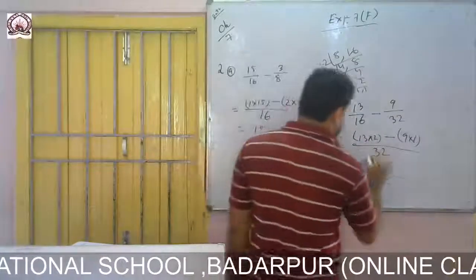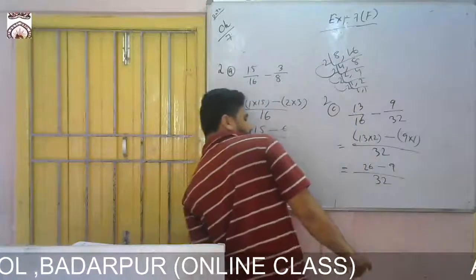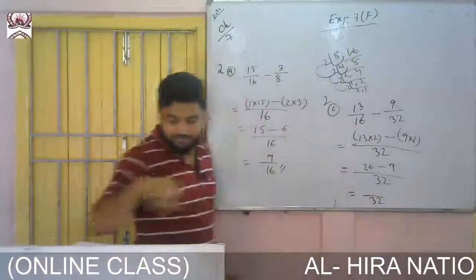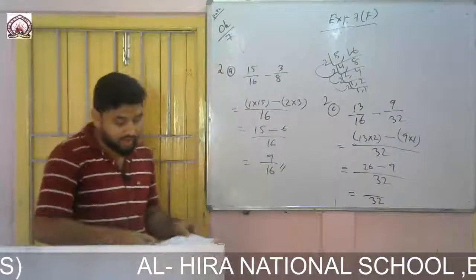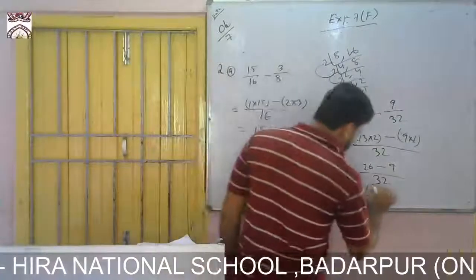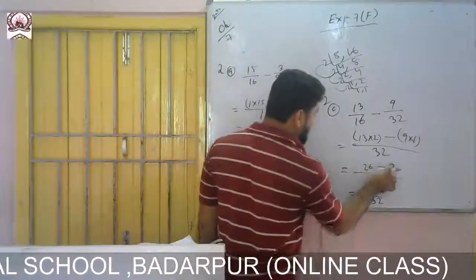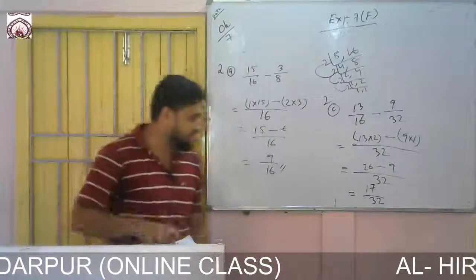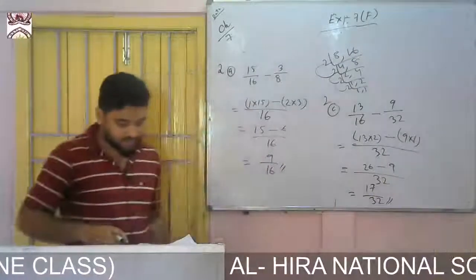Then 26 minus 9, you need to subtract, that is 17. So 17 by 32, and it is in lowest form and a proper fraction.